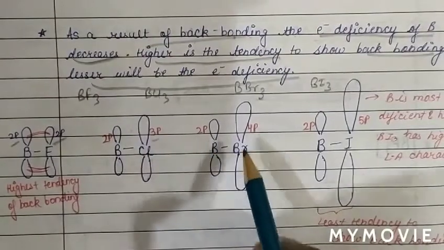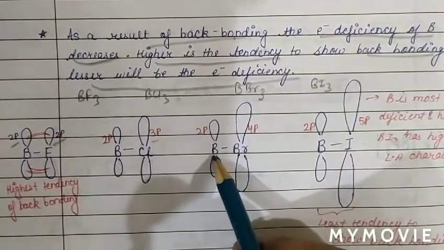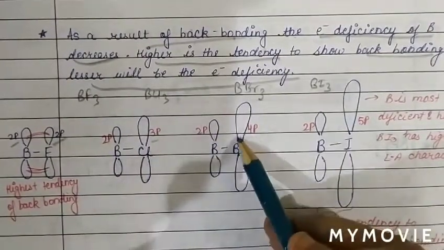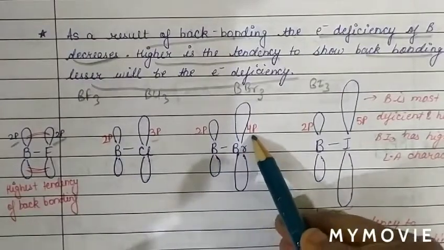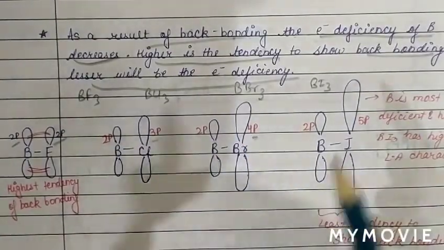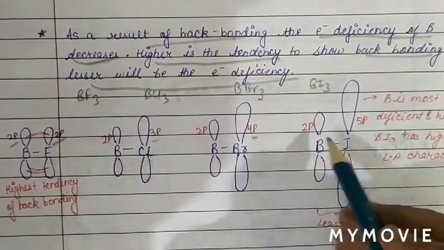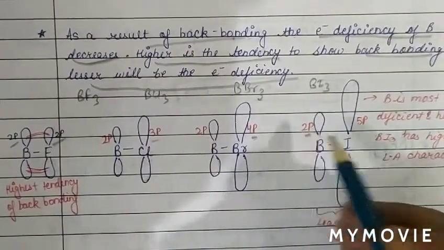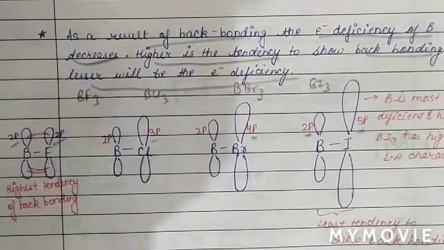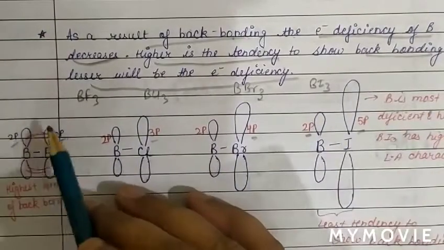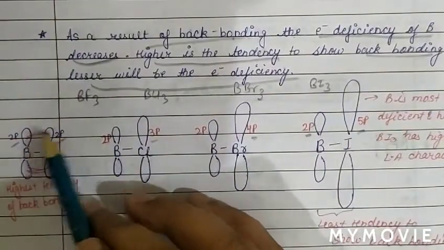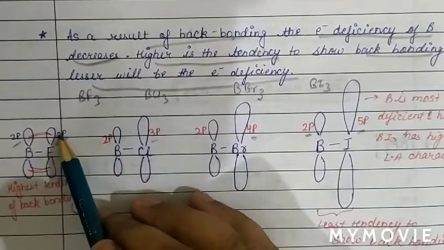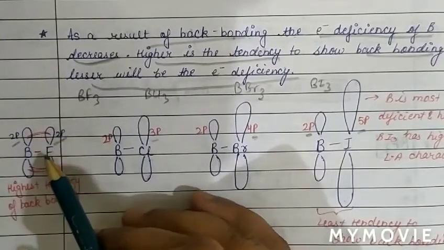In BBr3, again the vacant orbital of boron is 2p, while the lone pair orbital is 4p. In BI3, boron again has a vacant 2p orbital and iodine has a 5p orbital.